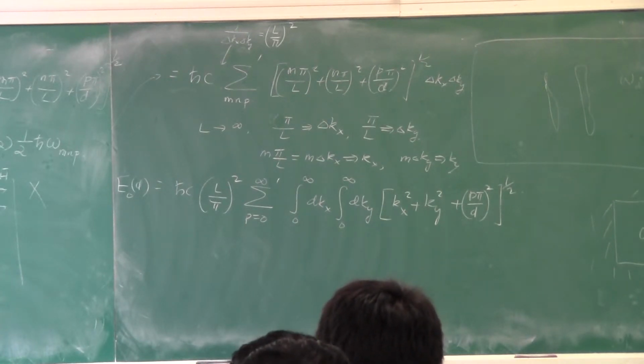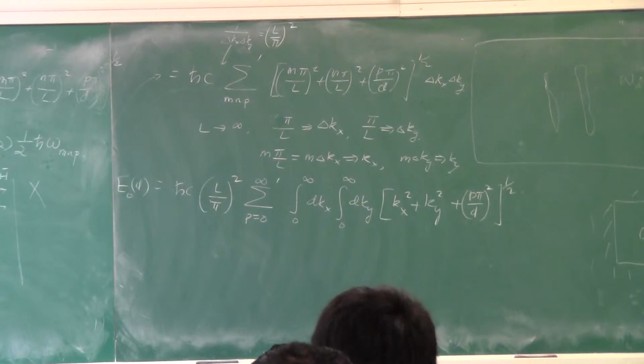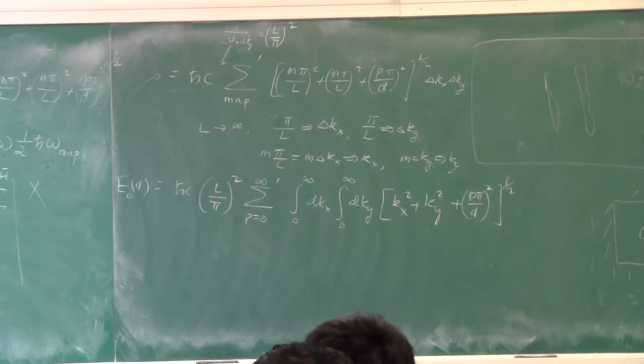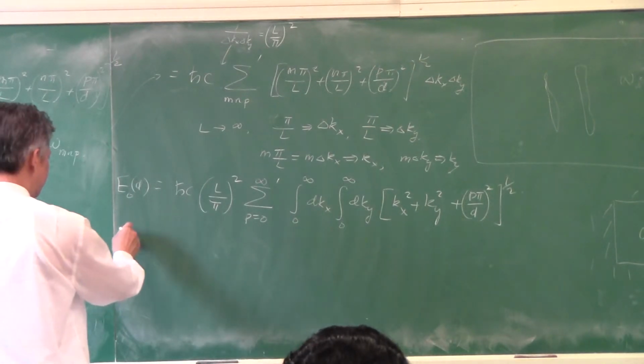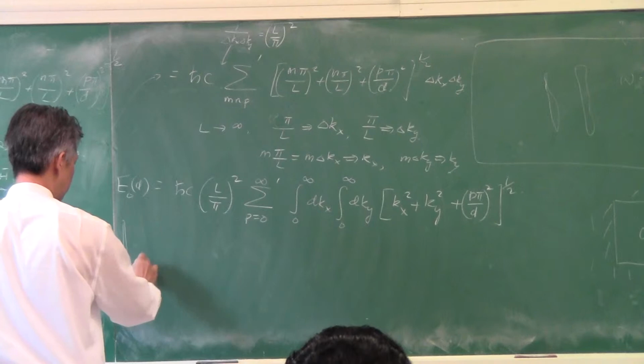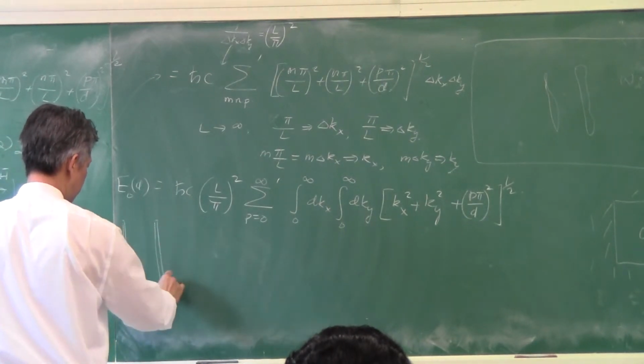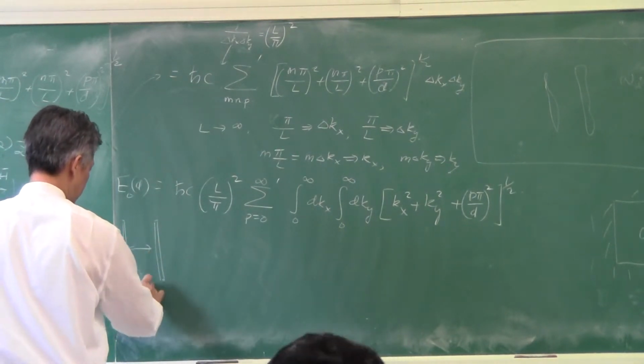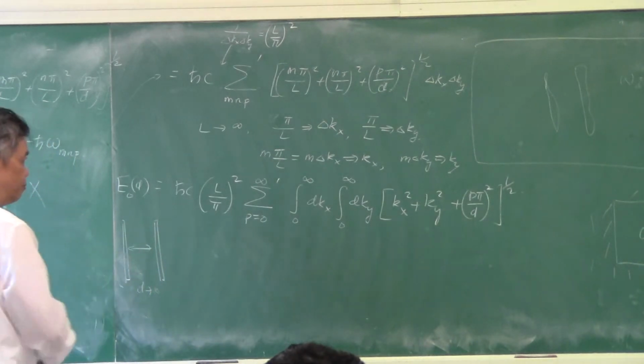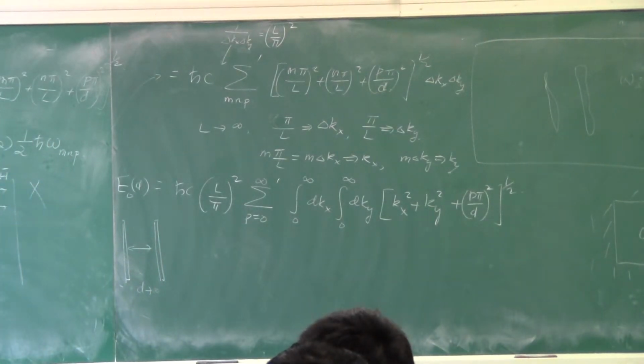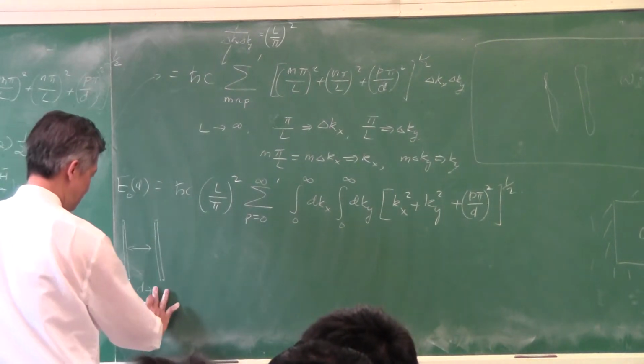And so in order to make this thing converge, what we should do is first assume that the separation between the two plates is infinitely long. Let d go to infinity and compute this summation, and then subtract the energy of the finite plate.